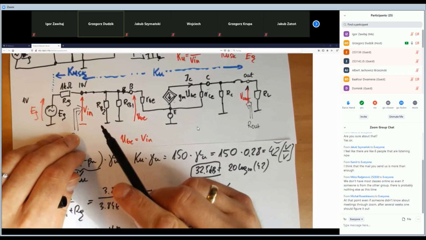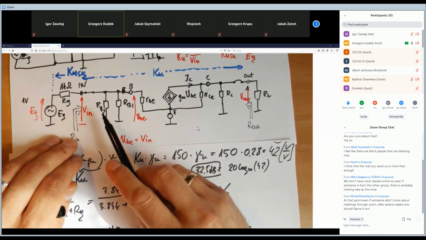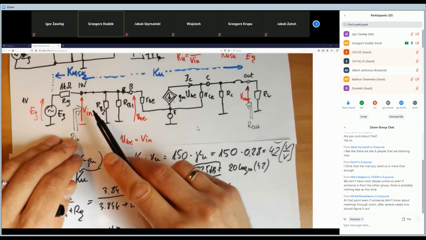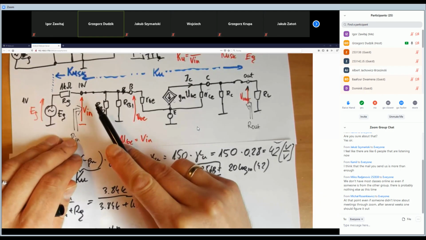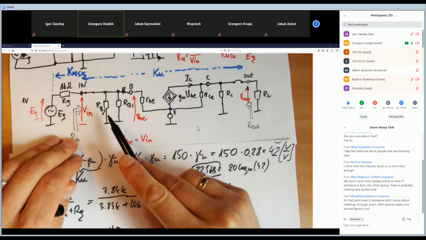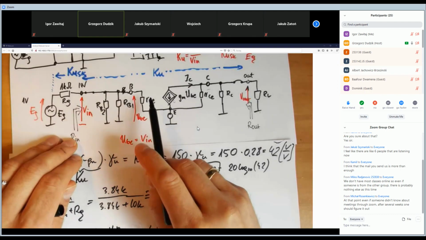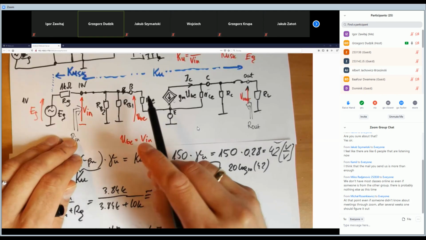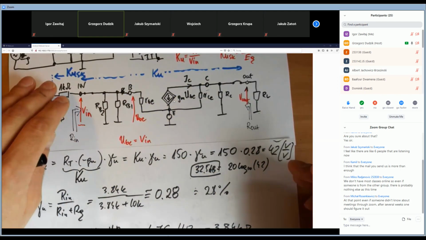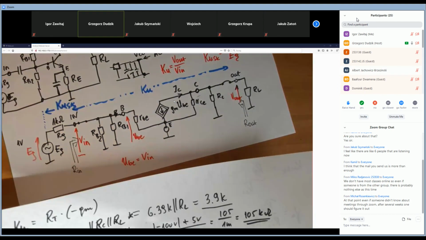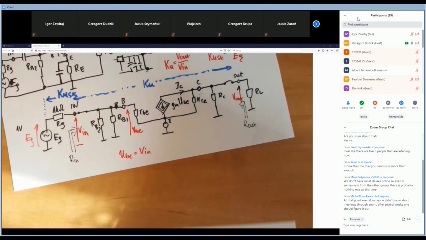However, look, even the RB2 and RB1 can be chosen by us during the designing process. The problem is with the RBE, the input resistance of the transistor. As you see, we are calculating the RBE at the level of, I have to check it, where it is.